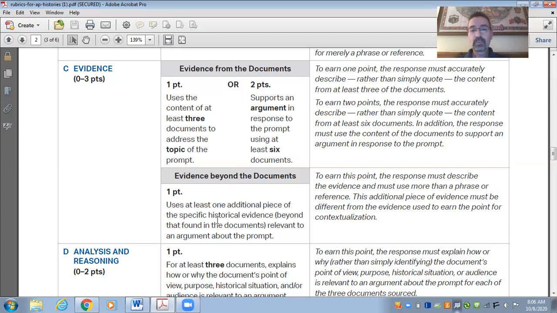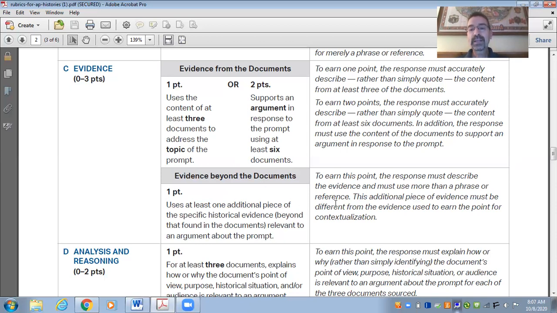The third of the 4 points is actually very much like the LEQ. Now we're talking about evidence beyond the documents. This is simply information that you already know about the topic in the prompt, but was never mentioned in any of the 7 documents. So this is just like the LEQ, where you're pulling things out from your brain that you remember from class and helping to defend your argument with that. You need to do that at least once.